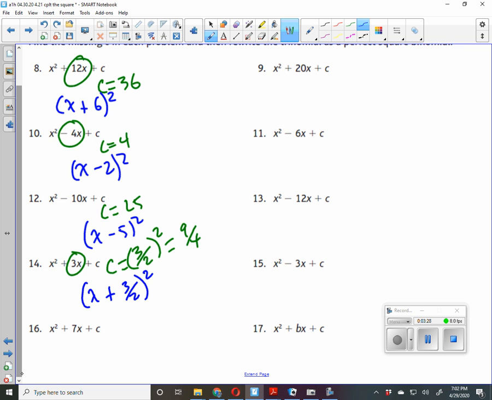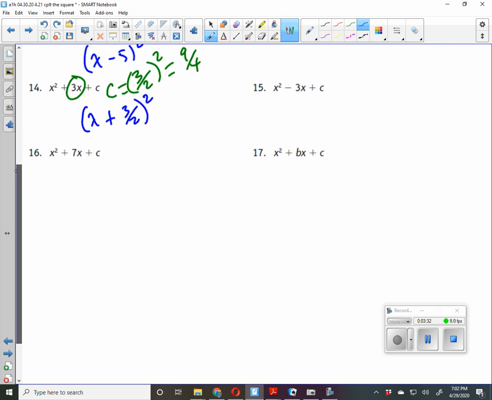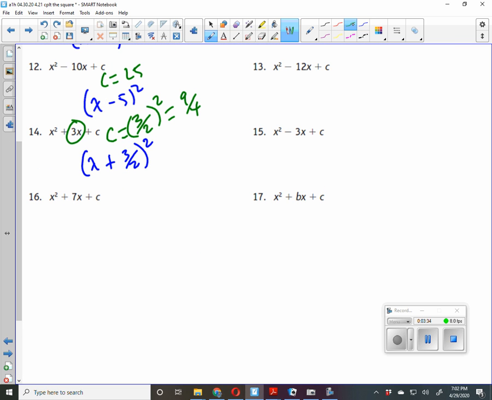Lastly, let's take a look at 17. This is saying, in order to complete the square, we're taking half of that. Well, C then is b over 2 squared, or C equals b squared over 4.